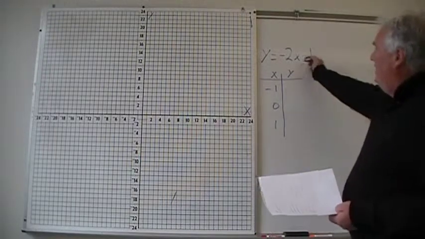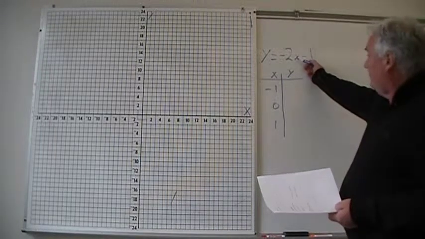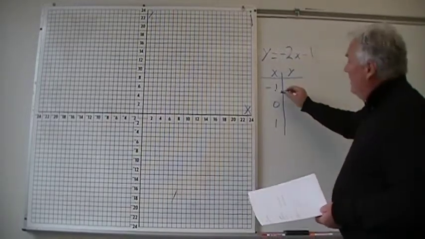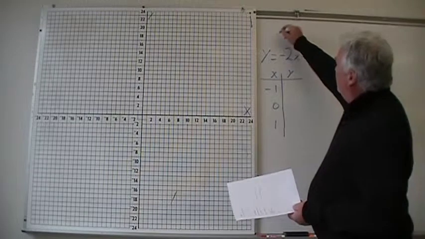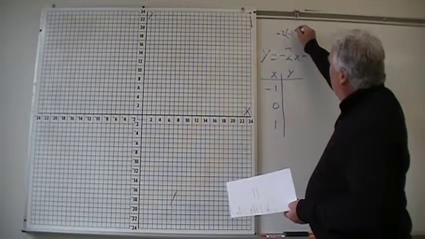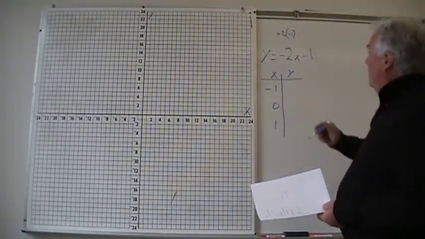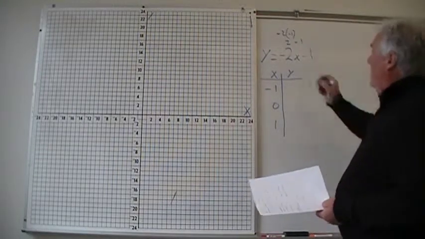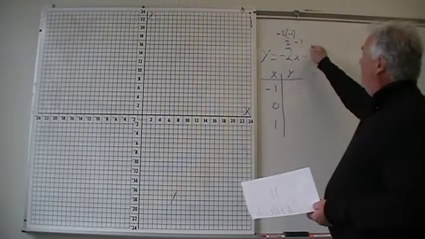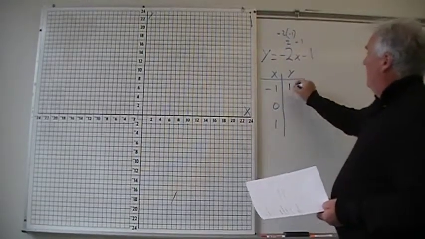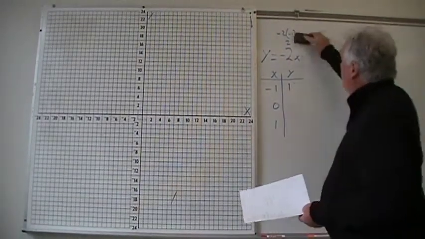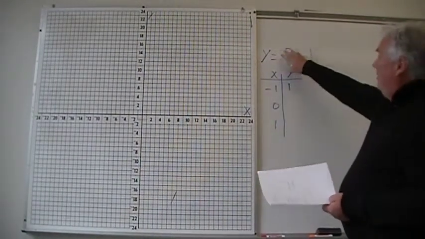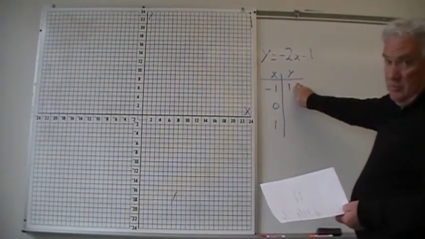So we use negative 1 in for x. Plug that in for x and do the math. So if negative 1 is x, negative 2 times negative 1 is positive 2, minus 1. 2 minus 1 is 1. So when x is negative 1 in this equation, y is equal to 1.